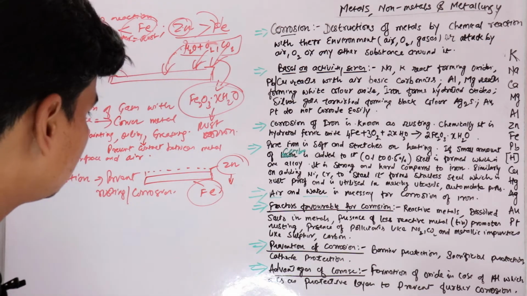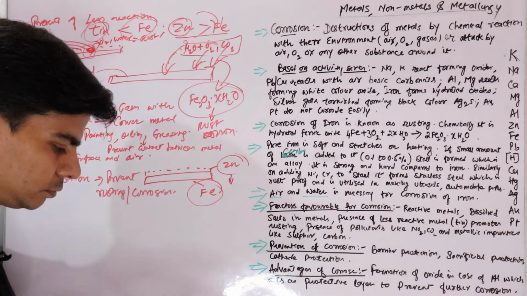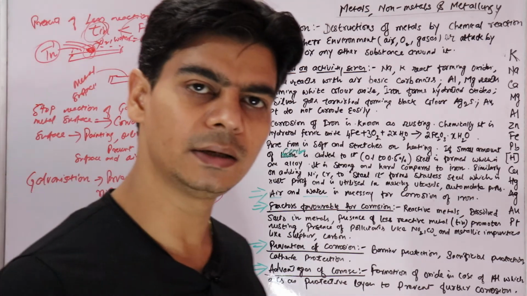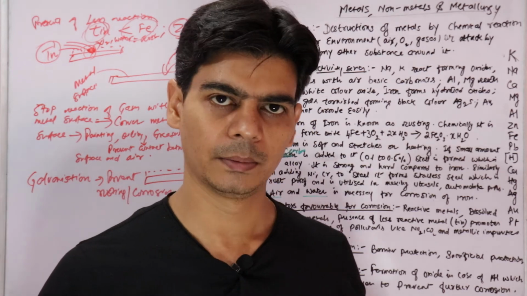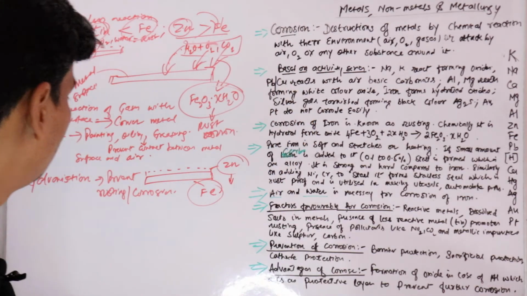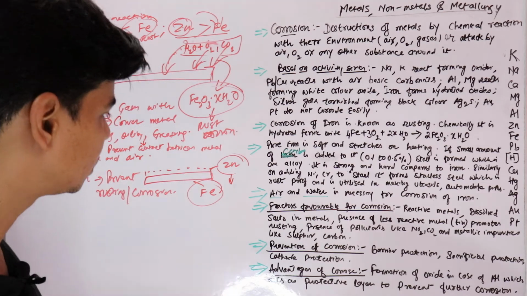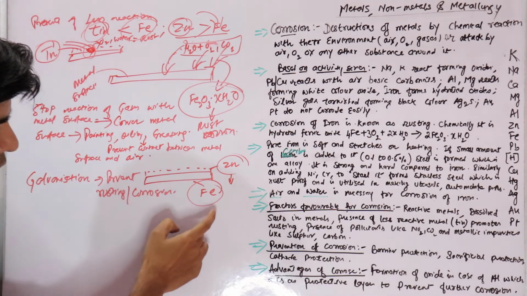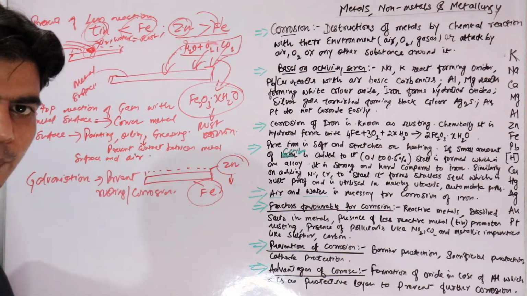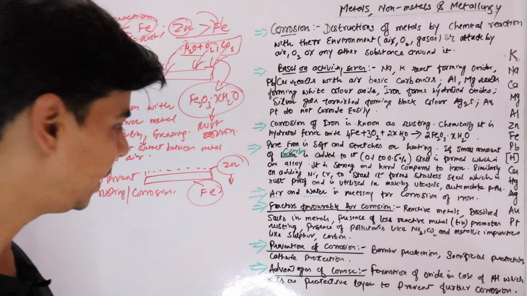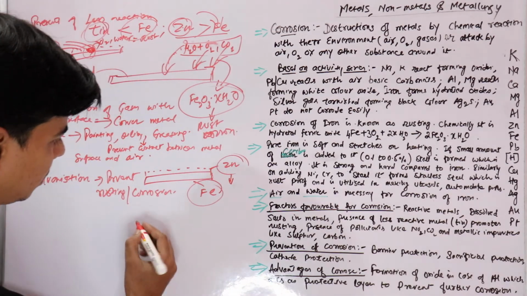Now, cathodic protection. We have already discussed it in detail in the chapter on electrolysis before this. Cathodic protection is when we are trying to save the metal iron from rusting.